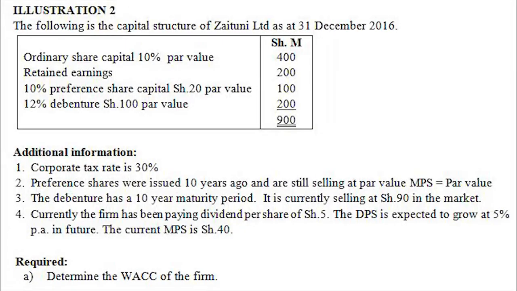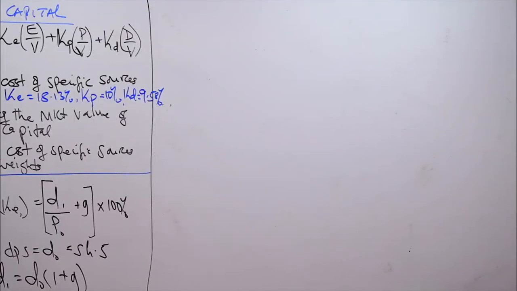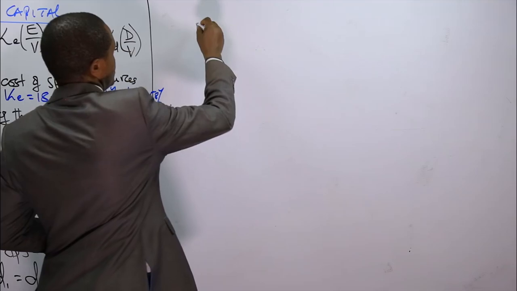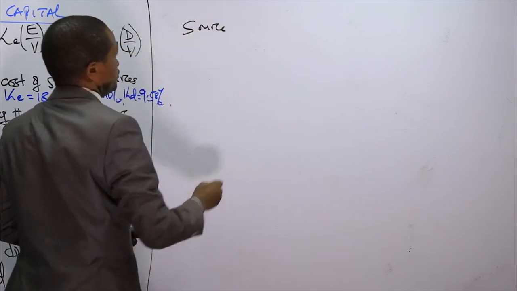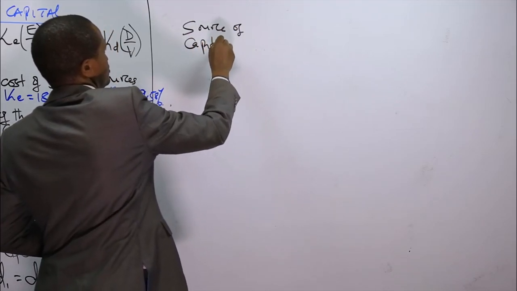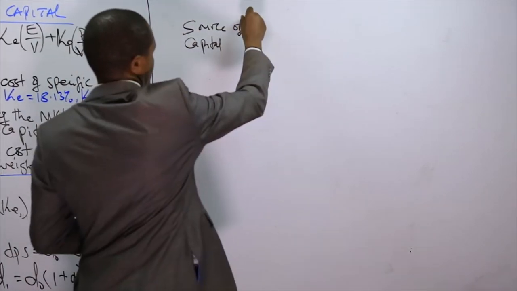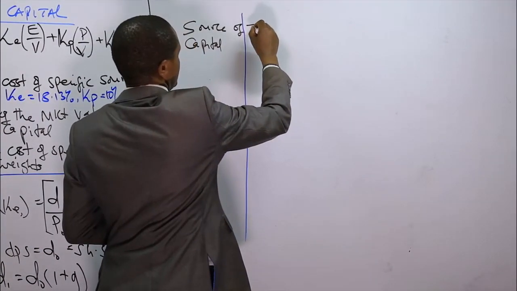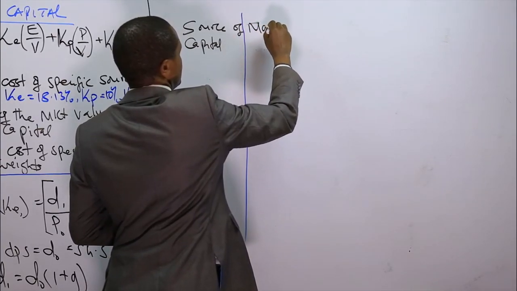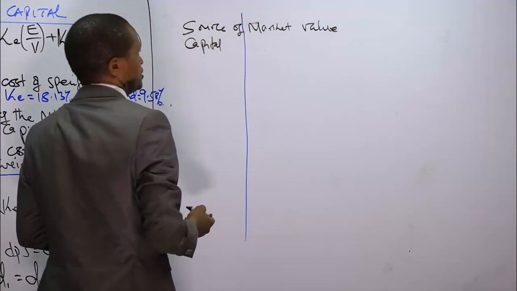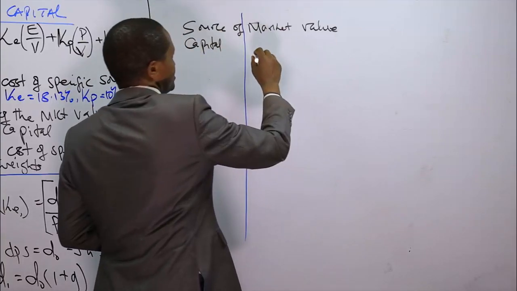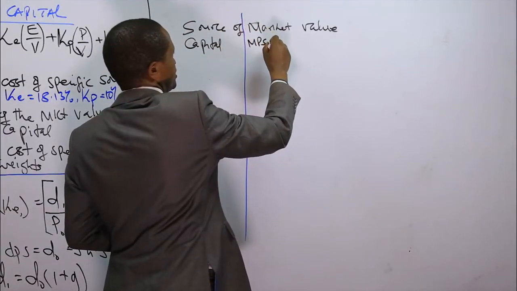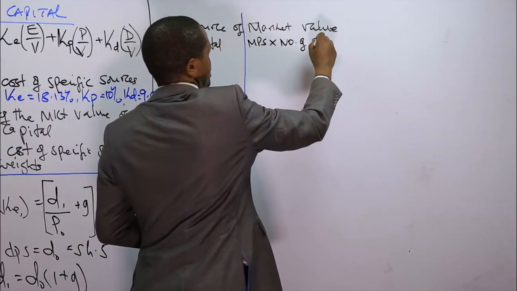I prefer having this in a table so that we have a column for the source of capital, then another column for the market values, and here we determine the market values by applying market price per share times number of shares.